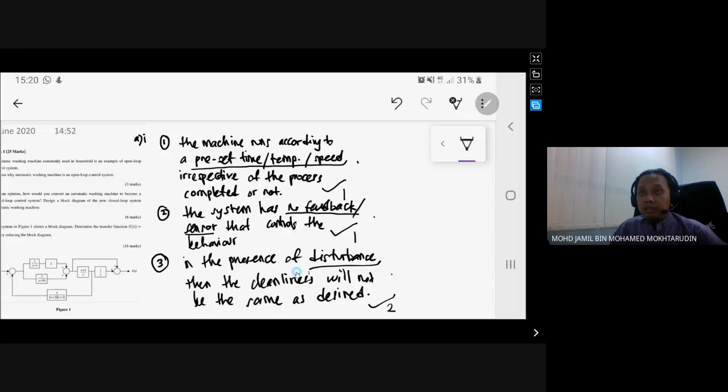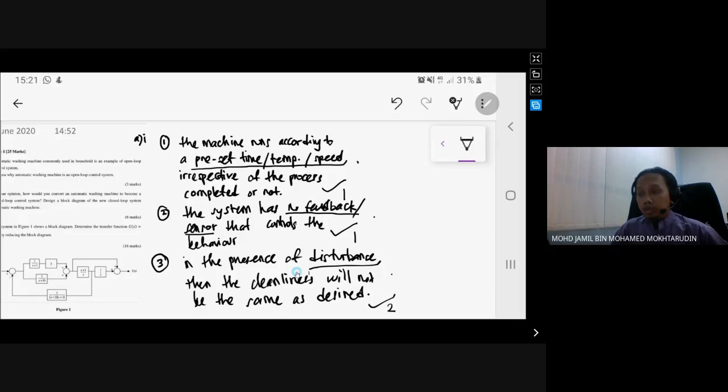Tensile strength test machine. It has some control system in it, so it requires calibration. If you don't calibrate, then maybe it will produce some error due to disturbance. So the idea is that an open loop system is easily susceptible to disturbance.